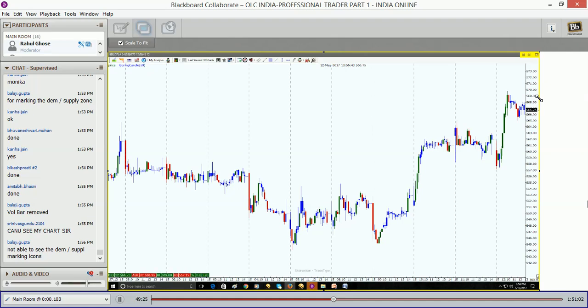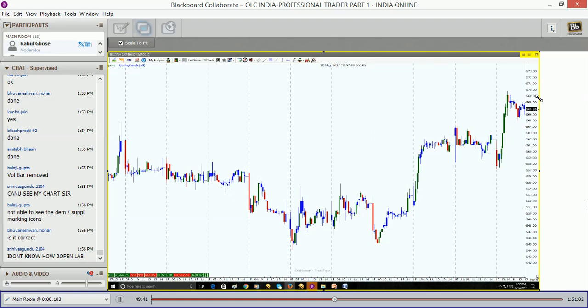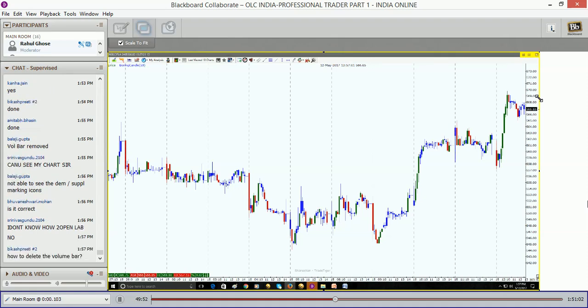Just remove the volume bar because we don't need that volume at the bottom. Bhuvaneshwari, I'm coming to yours. Okay, Srinivasan, do you have the number for IT? Let me ask them to give you a call. Give me a minute. Just hold on, guys. Go next to volume and press on cross.